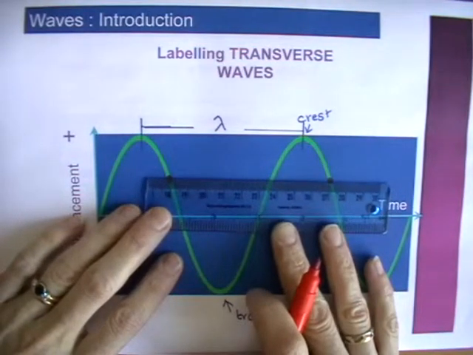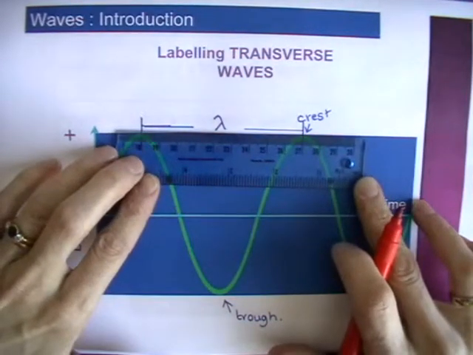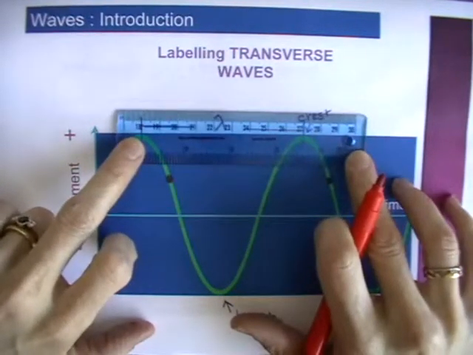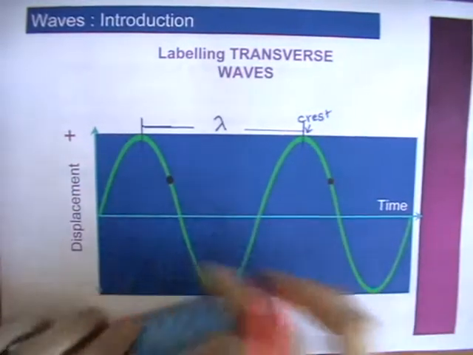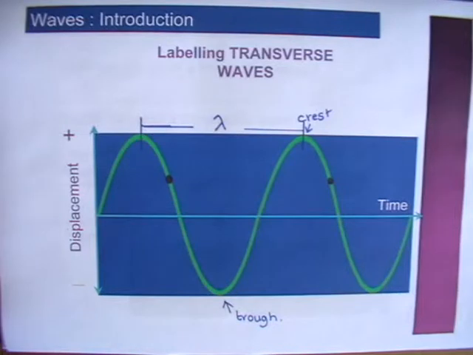It's approximately 9 centimetres, and that should be the same as this one here. Yeah, it's approximately 9 centimetres, 18 up to 27 there. So no matter where, if you have an even wave like that, you should always be measuring the same wavelength at any part of the wave.